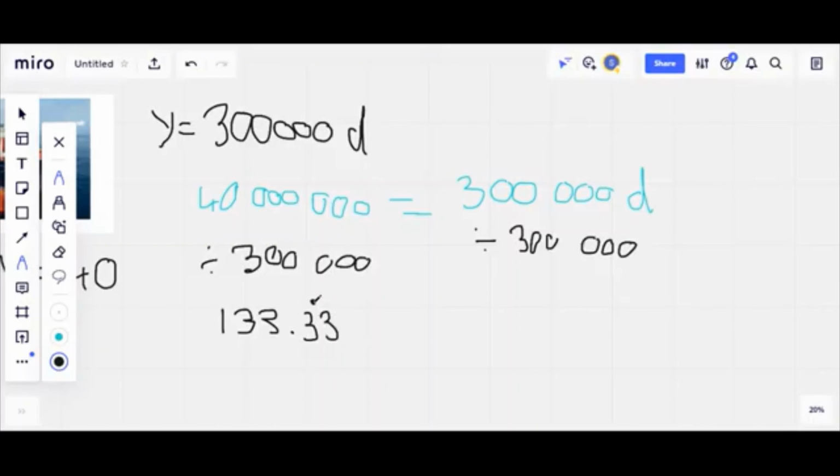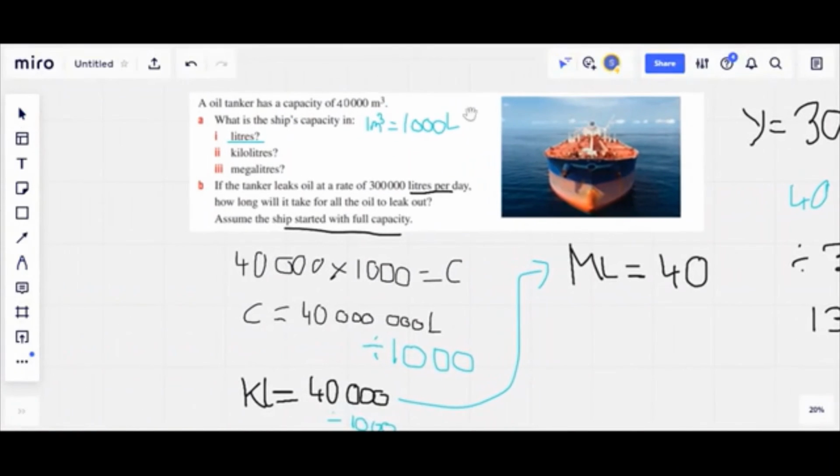So this little dot up here means that it's recurring. That means those threes are just going to continue on forever. That is equal to D. So it would take 133 and 1/3 of a day for all of the oil to leak out of the ship.